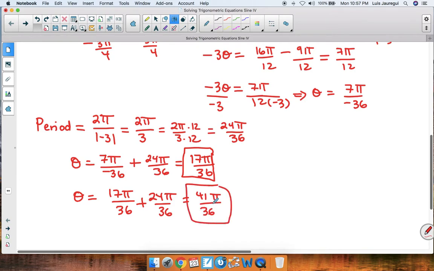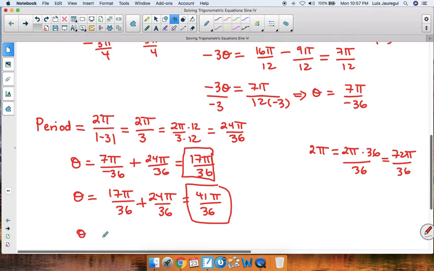Now, this angle is still between 0 and 2 pi. To double check, we need to make sure that we are always less than 2 pi, which in terms of 36s is 2 pi times 36 over 36, which is equal to 72 pi over 36. So we're fine still.